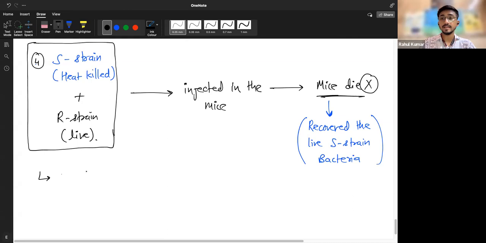Virulency is lethality, where the bacteria can now produce toxins and kill the host which it infects. So this smooth polysaccharide coat provides virulency.